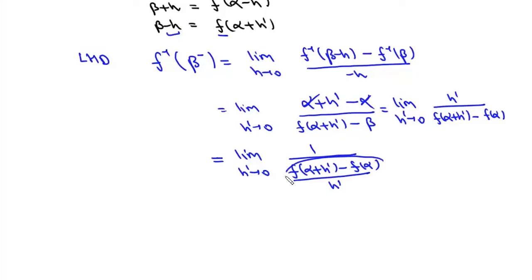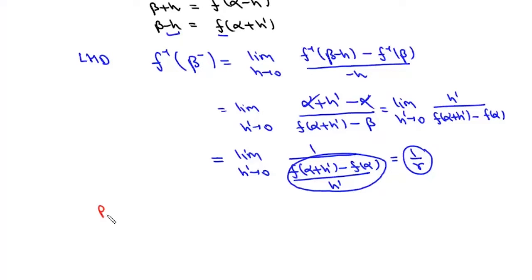And basically this is nothing but the right hand derivative of this function f in the neighborhood of alpha. So this is right derivative at alpha, and right derivative at alpha is R. So left hand derivative of this function at f alpha is 1 by R, and in the same way we can find its right hand derivative.